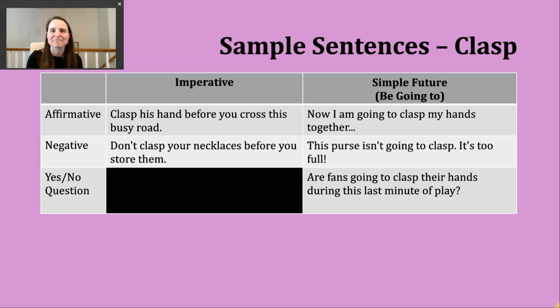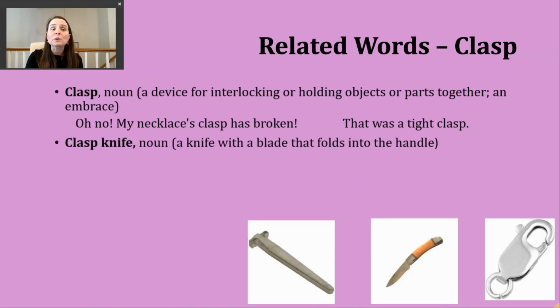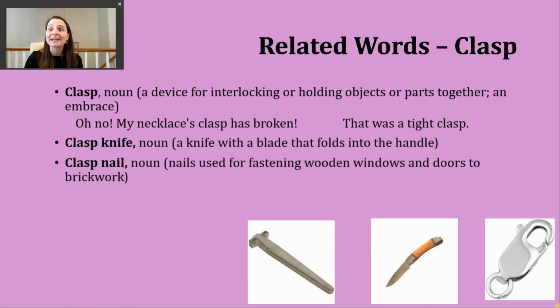Now let's spend a moment looking at some words related to our verb clasp. And as I mentioned earlier, clasp, same spelling, same pronunciation, can be used as a noun. When you hear it used as a noun, one way might be to refer to that device that allows you to fasten, interlock, or hold some objects or parts together.